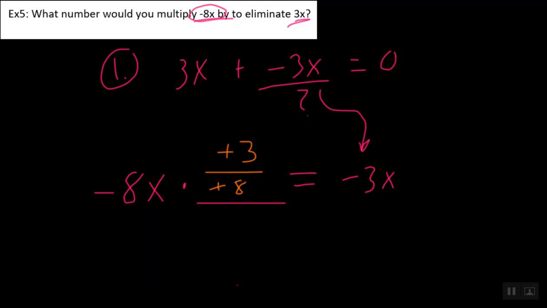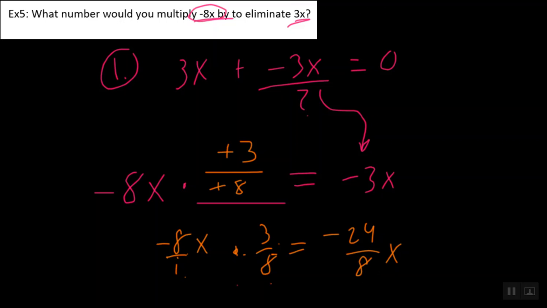But why does this actually work? Well, let's check it out. If we were to do negative 8x, which is really negative 8 over 1 x, times 3 over 8, you would notice something. Negative 8 times 3 is negative 24 over 1 times 8 is 8x. And check it out.